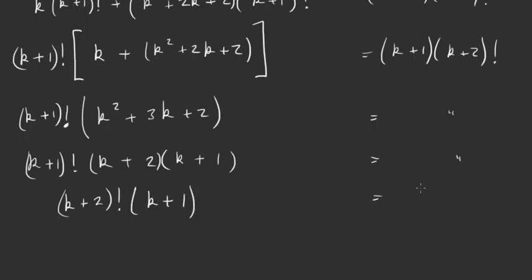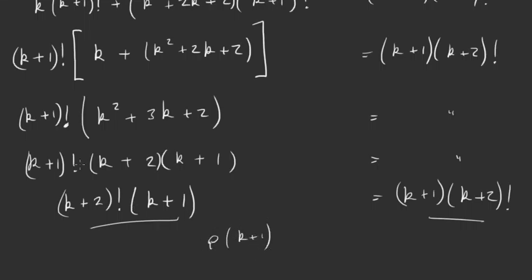If you look at our right hand side here, we've also got a (k plus 1) times (k plus 2) factorial. So this is equal to this, so we've proven that the proposition for k plus 1 is true. So this is true if Pk is true. So if Pk is true, then we've proven that Pk plus 1 will be true.